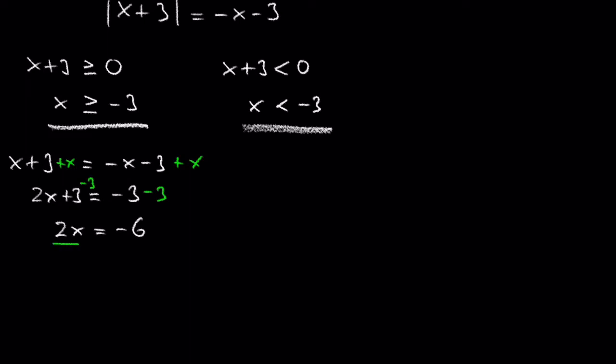Divide by 2. Two divided by 2 is 1. We don't need to write the 1 because 1 times x is x. Negative 6 divided by 2 equals negative 3.